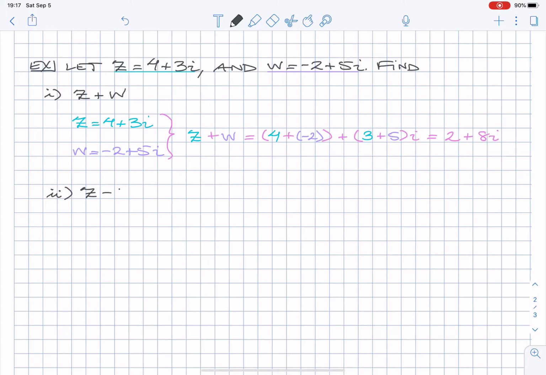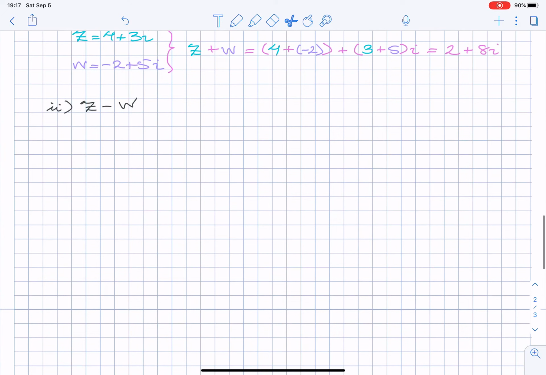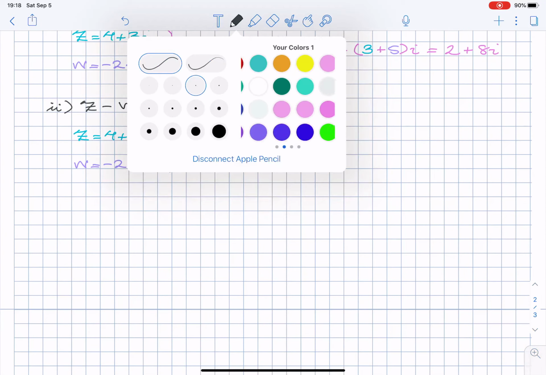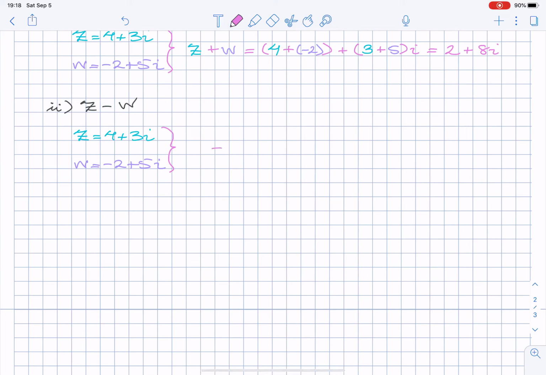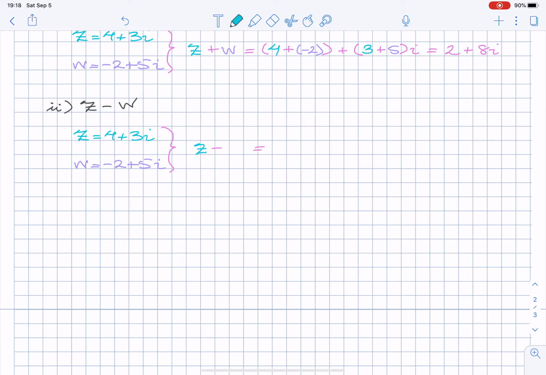So now number 2, let's go ahead and find the difference. So z minus w, let me go ahead and copy and paste this. Okay, so now we have z minus w is going to be, well, now I just take the difference of their real parts.